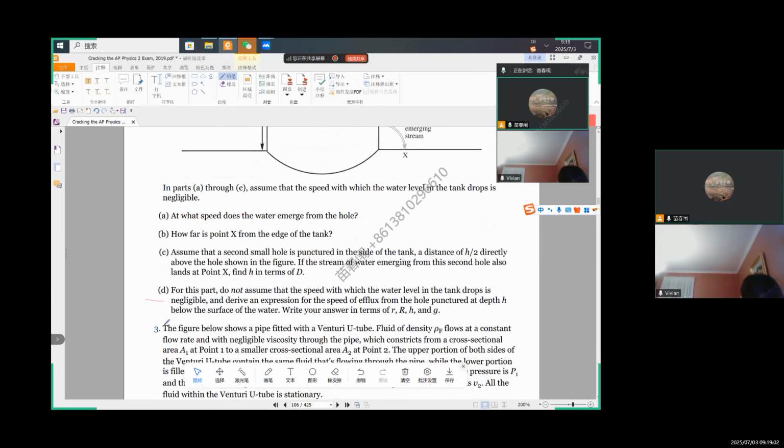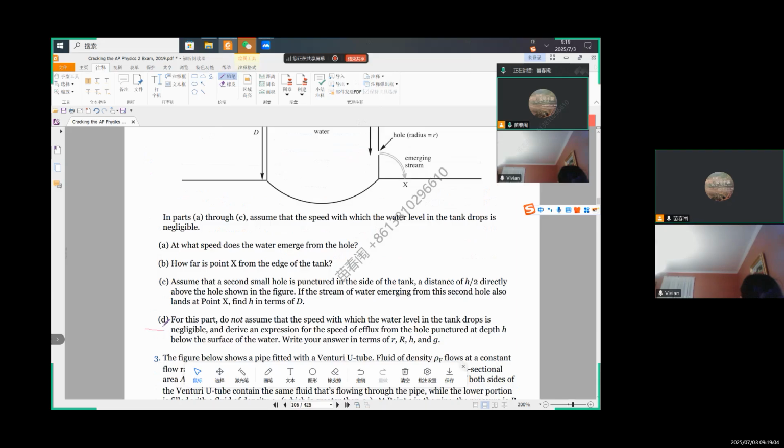For this part, do not assume that the speed with which the water level in the tank drops is negligible, and derive an expression for the speed of the water H below the surface. Write the answer in terms of R or H and G. Well, if not, this time V1 is not 0 anymore, right?